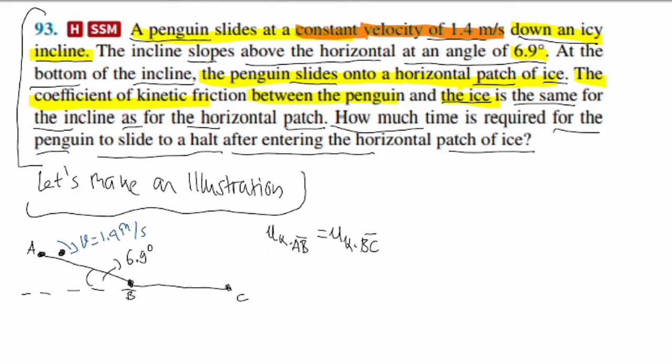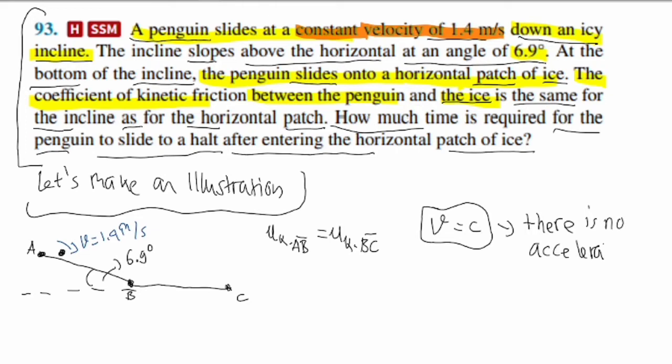What does constant velocity mean? V equals constant. This means there is no acceleration.